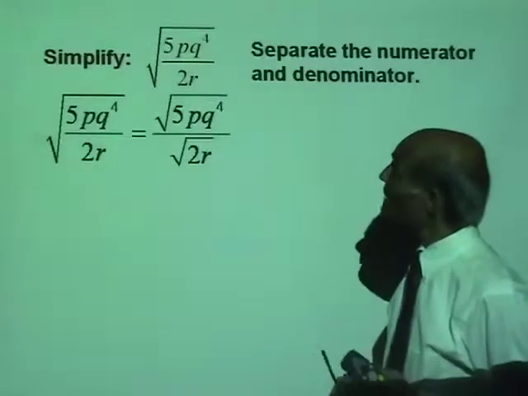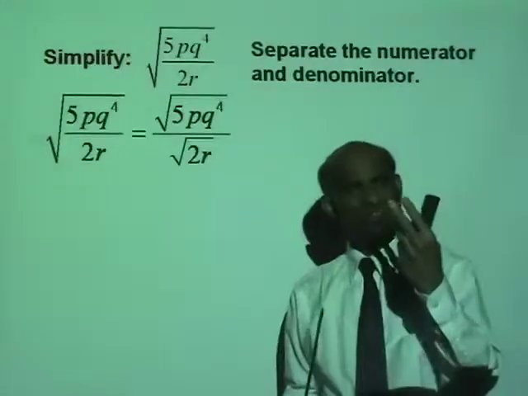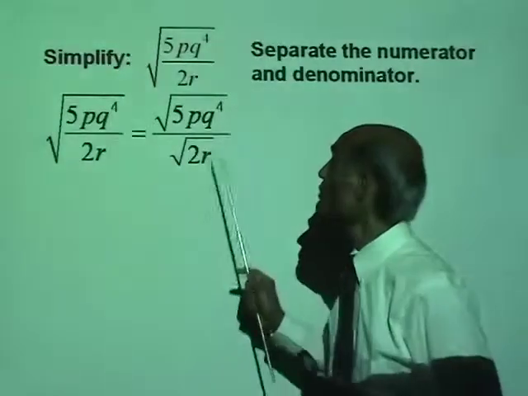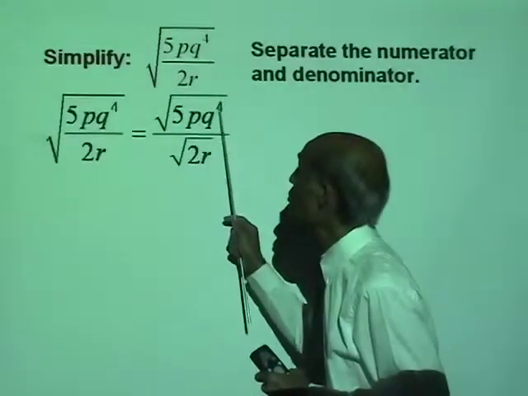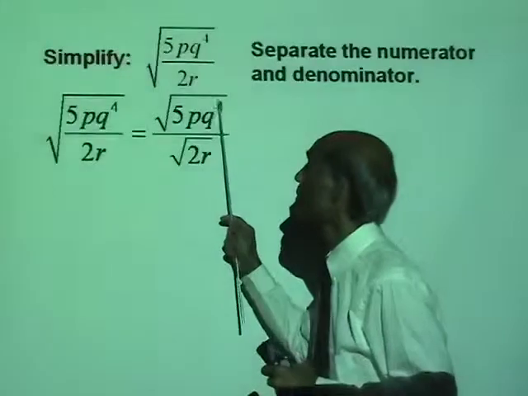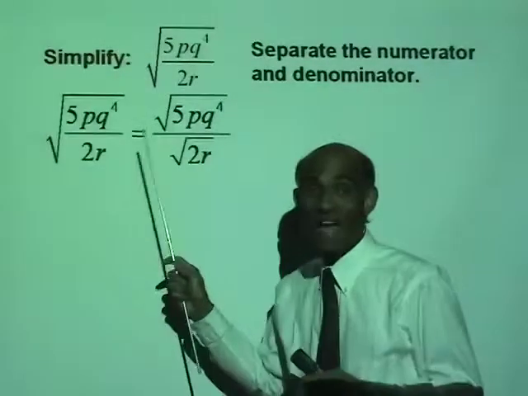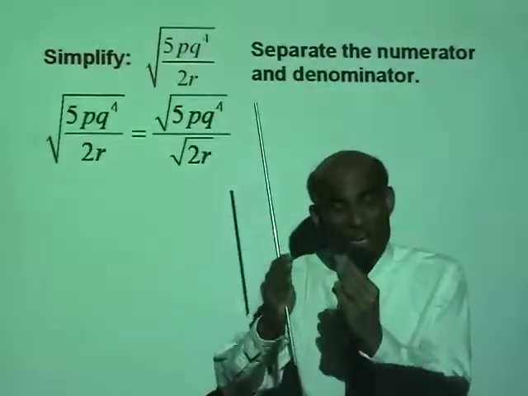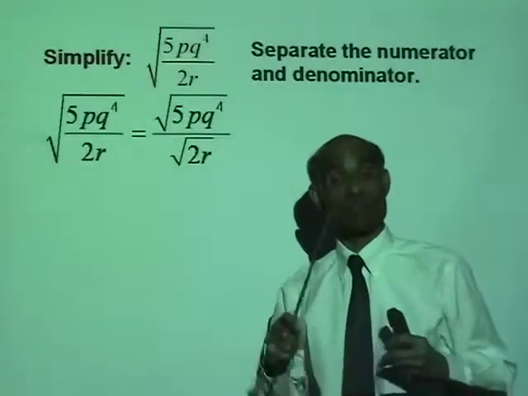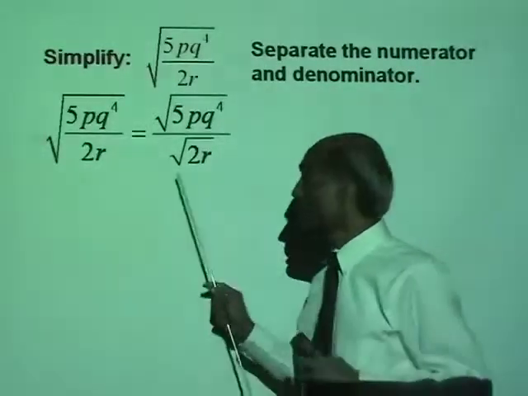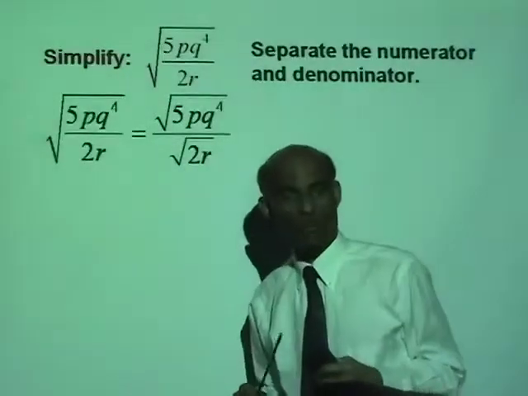Now, what is the next thing you can do? I see 2 things here. First of all, I see on the numerator there is a q to the power of 4 which can be simplified, which can be separated out into a different radical because it is a perfect square. Denominator has a radical.